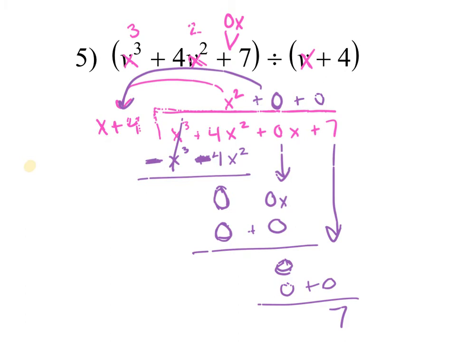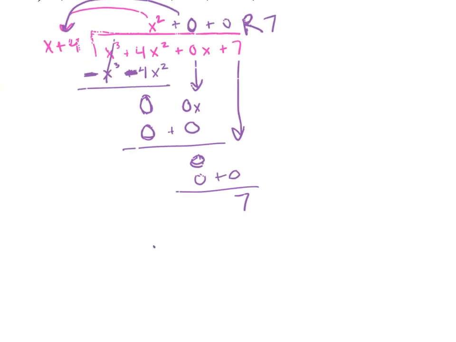That's our remainder. So our remainder is 7. So our answer is just x squared, remainder 7. We don't have to write the zeros in our answer, but they're there up top as our placeholders, and in the problem as our placeholders.